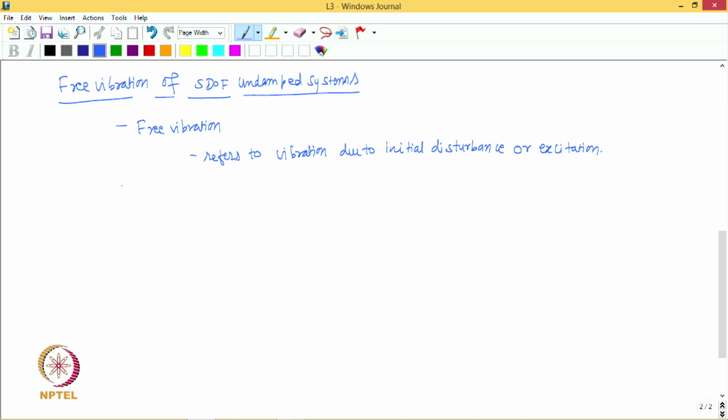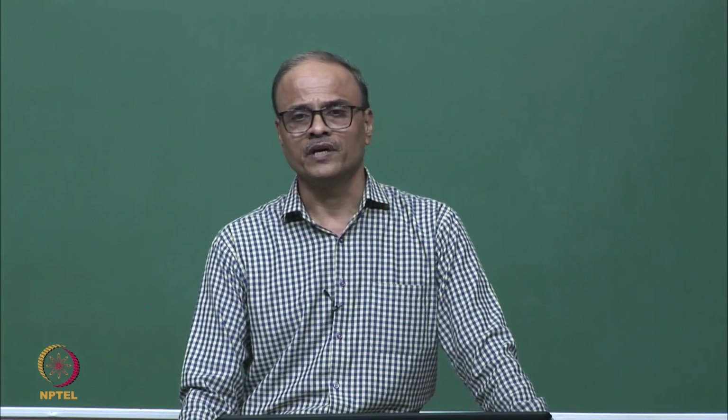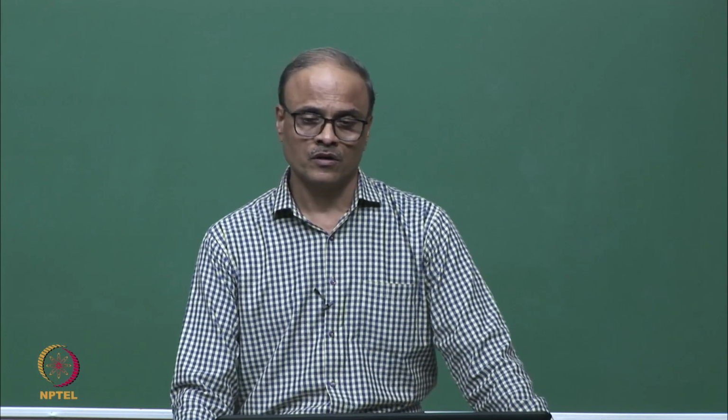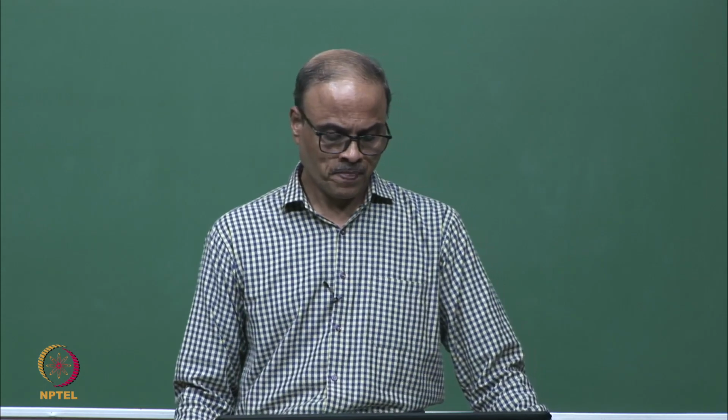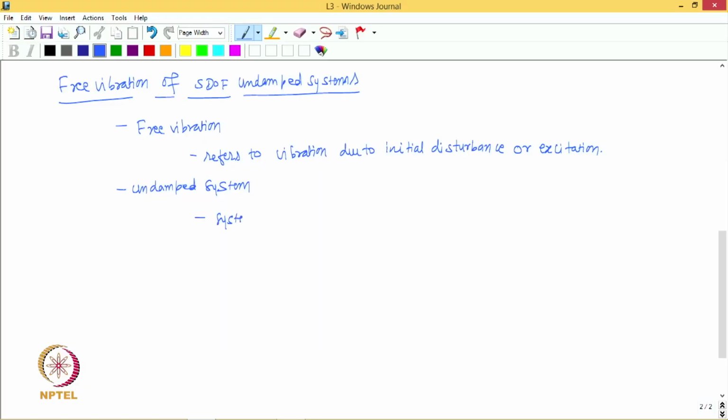The second term I think we need to define is what is an undamped system. So, an undamped system refers to a system with damping not being modeled, or a system that does not have damping.